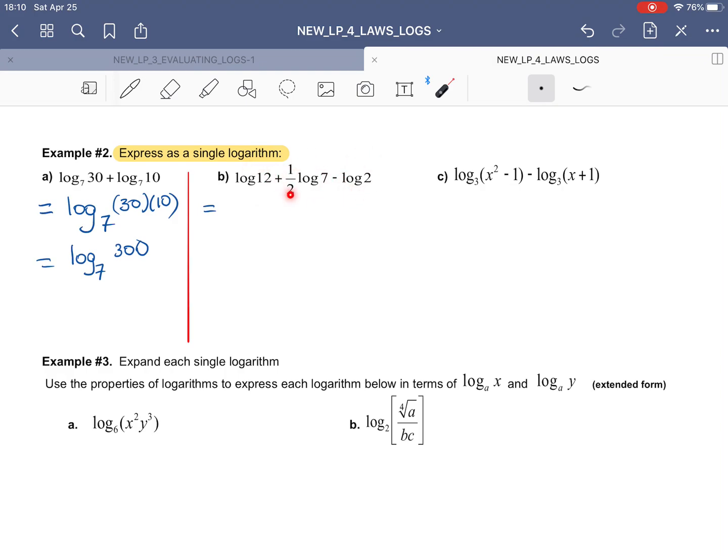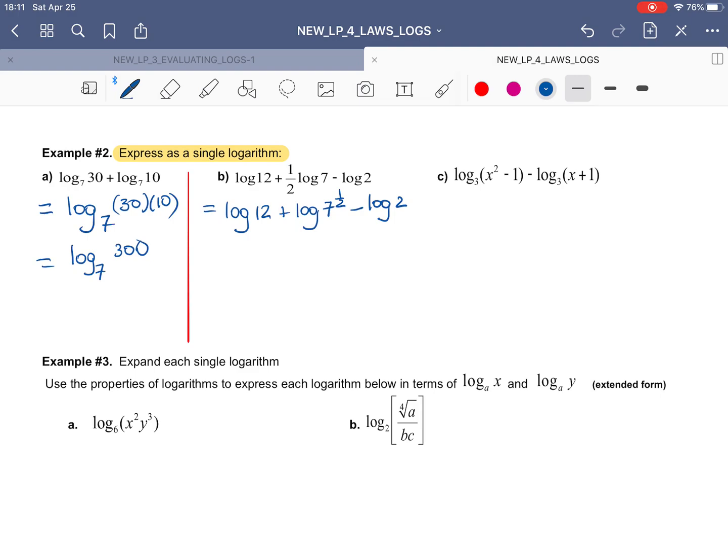The next thing that we need to take care of is we don't want to have coefficients, because coefficients mean power law, and power law or exponents apply first. Remember BEDMAS. It works in a funny way here though. So we're going to rewrite this first as log of 12 plus log of 7 to the power of half minus log of 2.